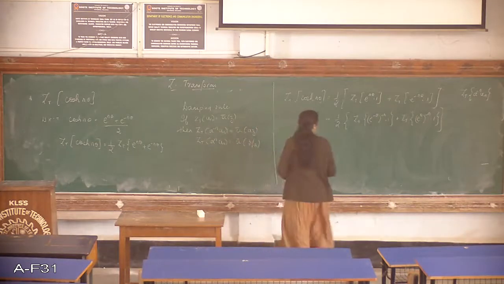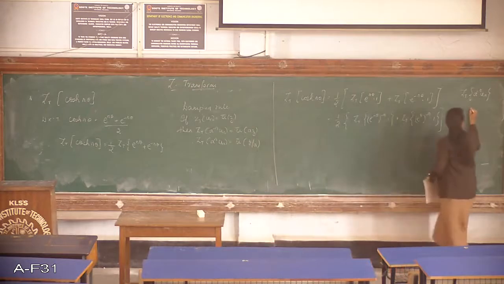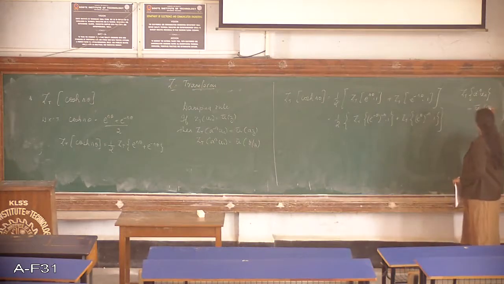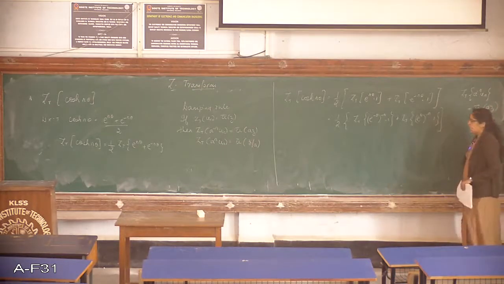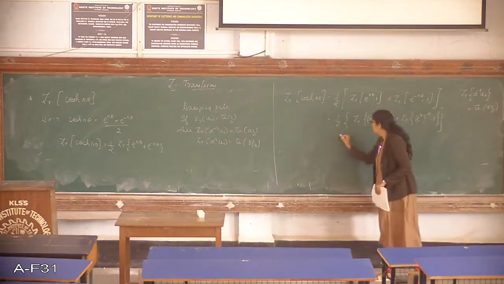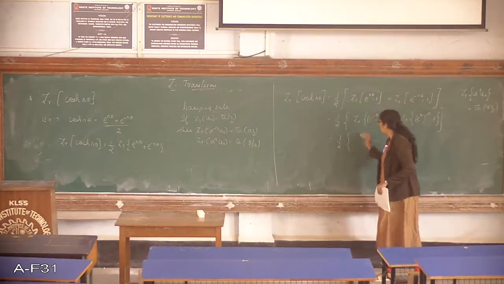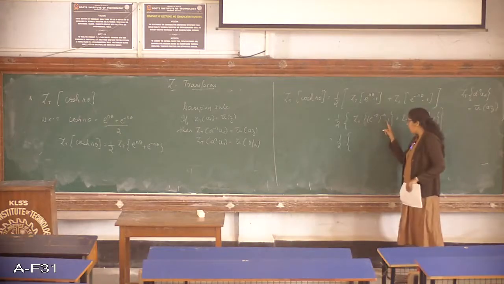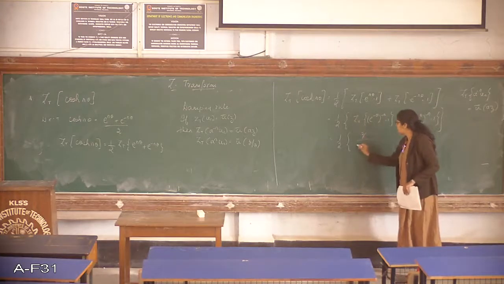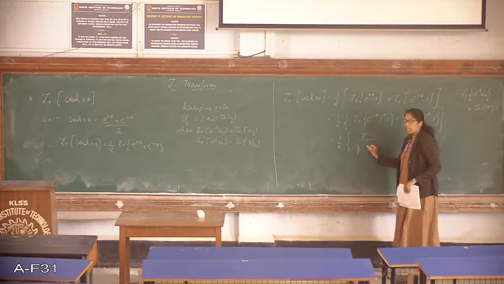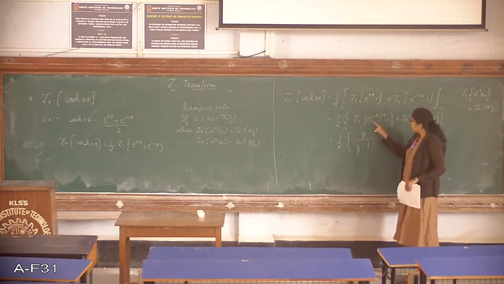So by the damping rule, we know that this is nothing but u bar of a into z. So this will be equal to half times the following. We know that the Z transform of 1 is nothing but z by z minus 1, and you can see that e raised to minus theta is raised to minus n.